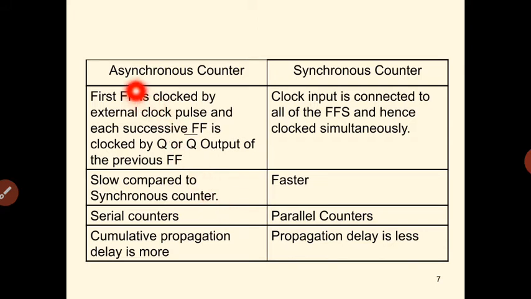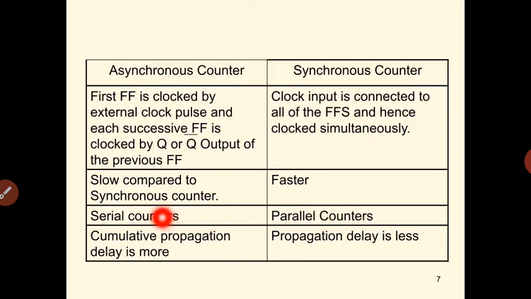And if you observe, synchronous counters are nothing but parallel counters, and asynchronous counters are nothing but serial counters. Serial counters means you take the output only at one instant of time, and in the case of parallel counters, all the outputs are available in parallel at a time.